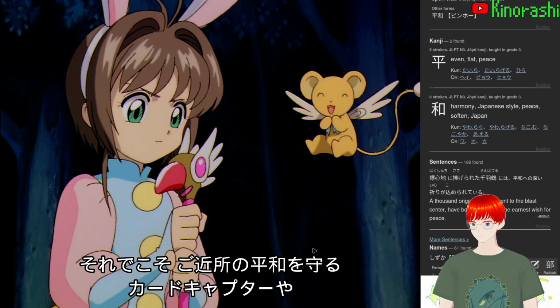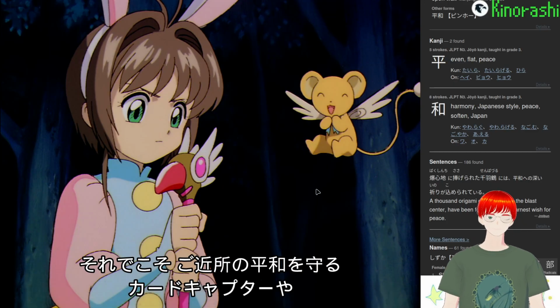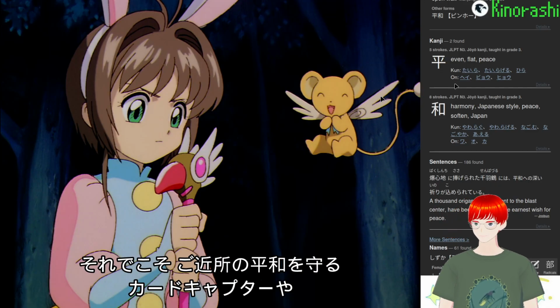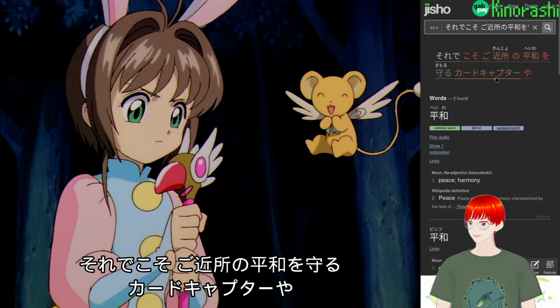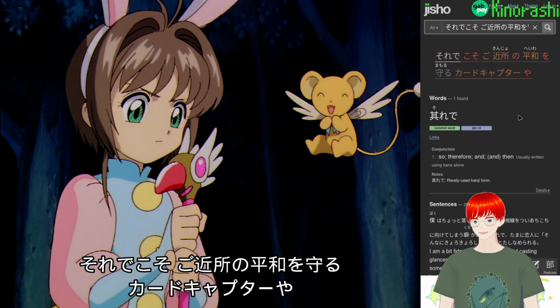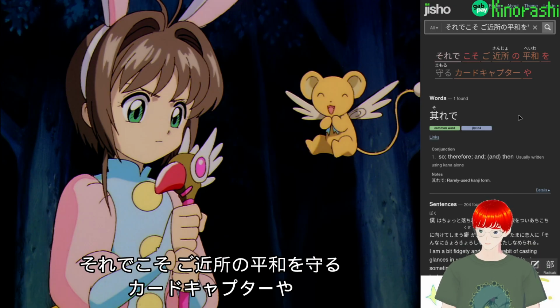Okay, so essentially, それで, so it's sort of like saying "as for that," as in you want to emphasize that because you're using koso instead of wa.